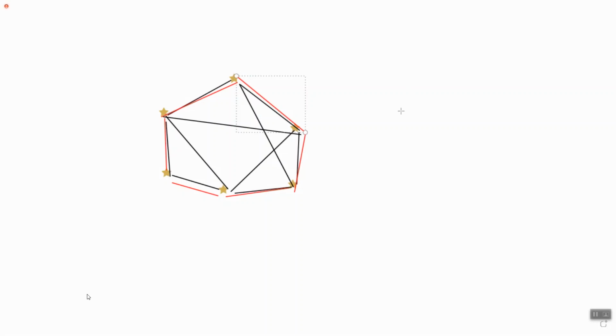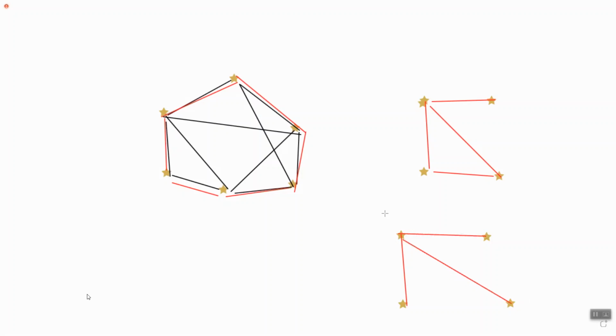So if you take this graph and this graph, this has a Hamiltonian cycle.